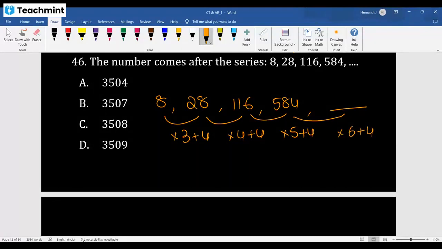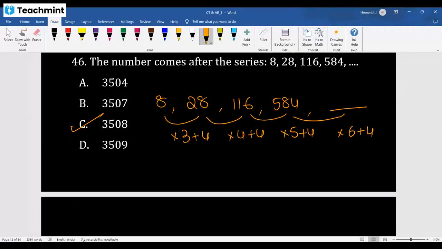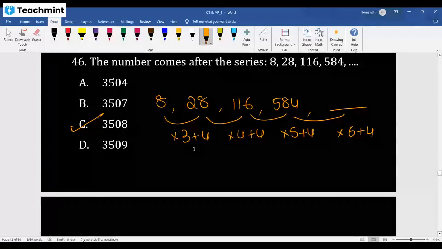We need the answer ending with 8, so 3508: multiplied by 3 plus 4, multiplied by 4 plus 4, multiplied by 5 plus 4, multiplying with 6 and adding 4. This is what the series gives, 3508.